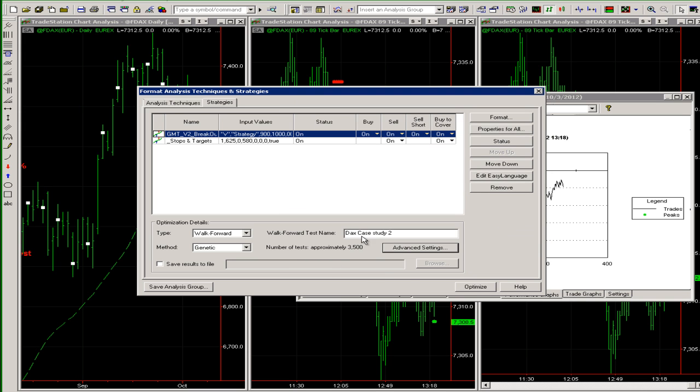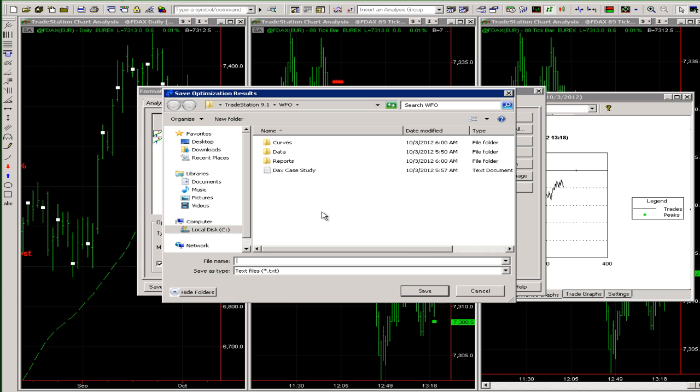The other thing we need to do, because what we're doing is an optimization to get our best results, our best inputs, but we're also going to use this as a walk forward example. So what we need to do, and I'll get you to take a note of this, is save these results to a file, and we need to go browse, and actually go to our disk, our C drive.